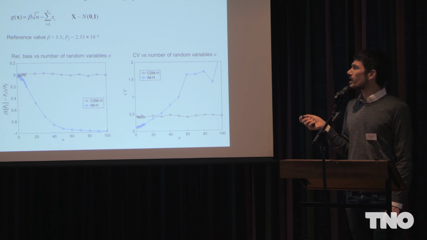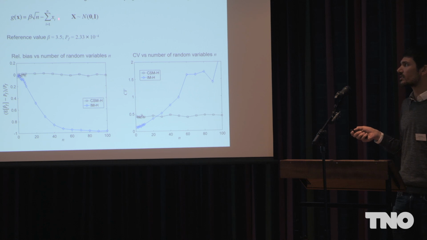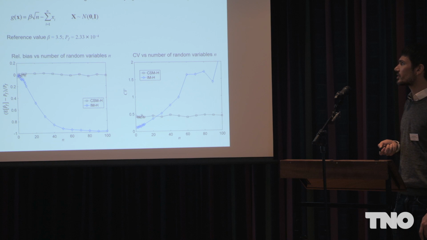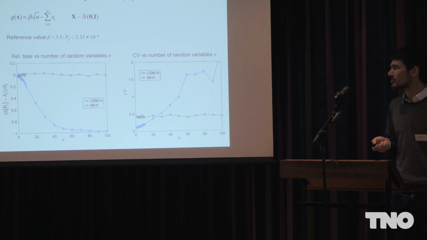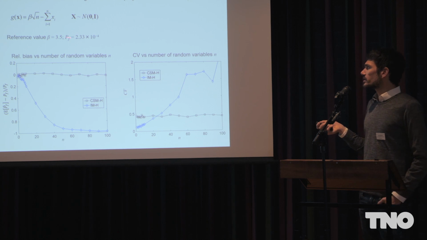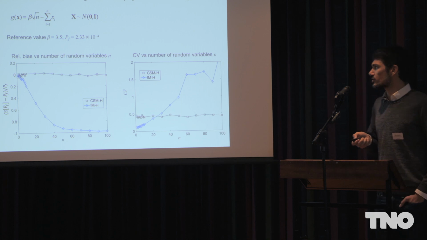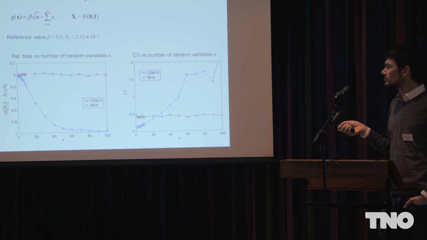I also show a comparison of this method for high-dimensional problems. This is a very standard problem, which is a linear function of standard normal random variables whose probability of failure does not depend on the number of random variables. In this case, I choose the beta parameter as 3.5, which results in a probability of failure of 2 times 10 to the power of minus 4.